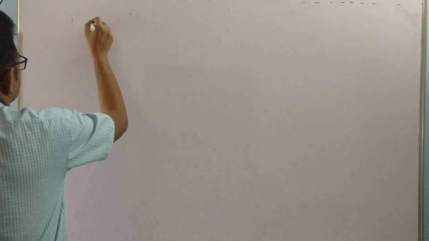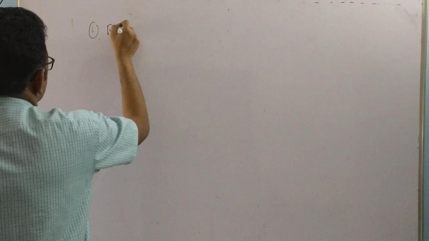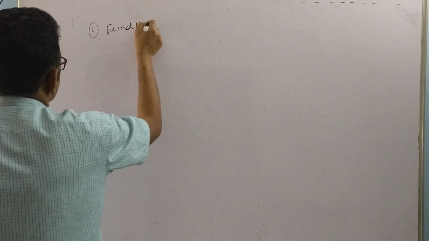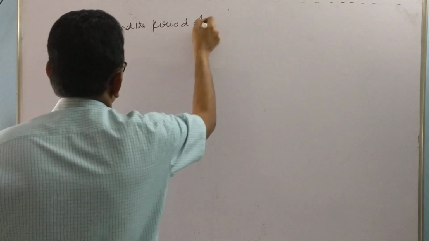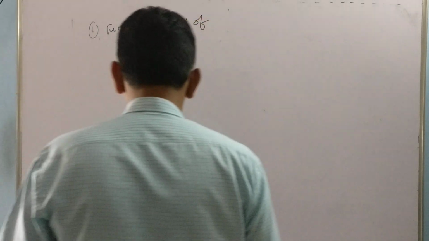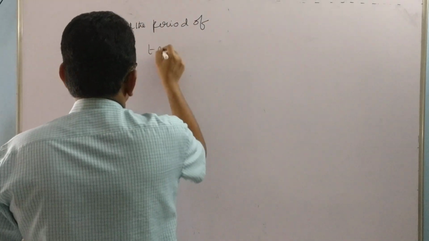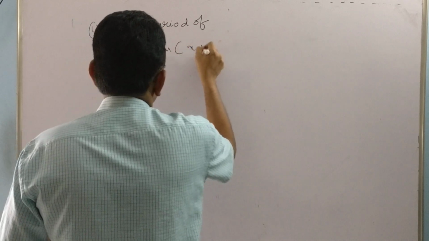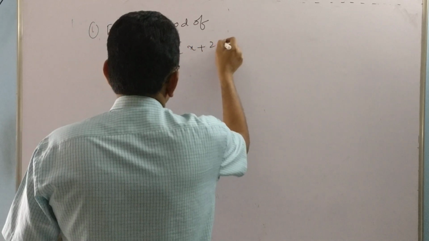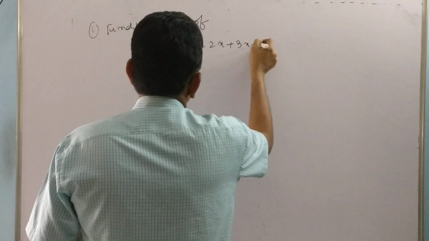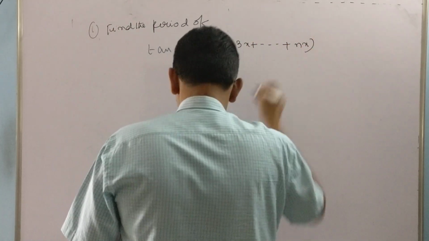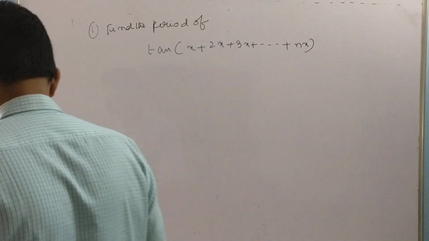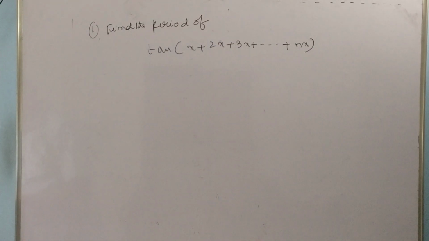First one, find the period of the function tan of x plus 2x plus 3x plus and so on up to nx.